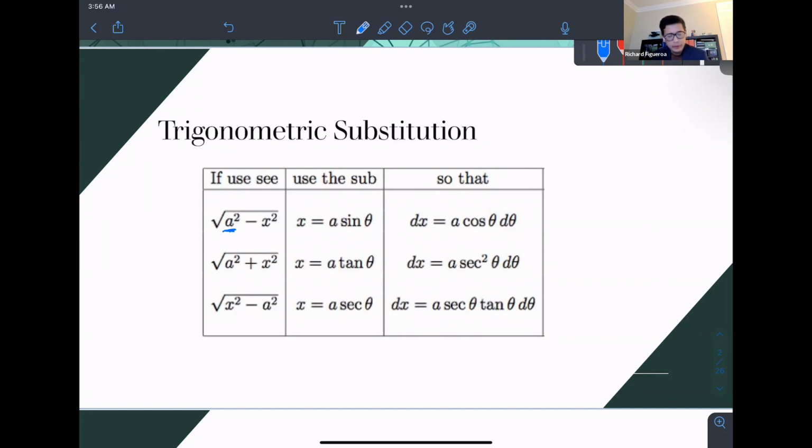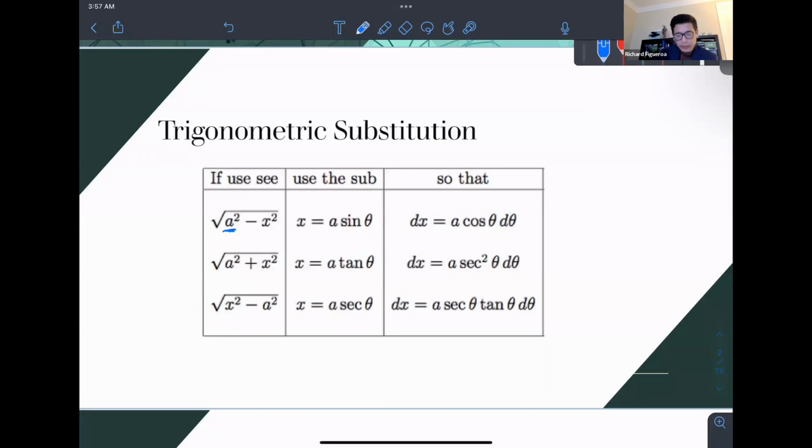If it involves a sum of a squared and x squared, then that is tangent. Regardless of whether it has a radical sign or not, as long as it is a sum of a squared and x squared, we can substitute x equals a tangent theta.